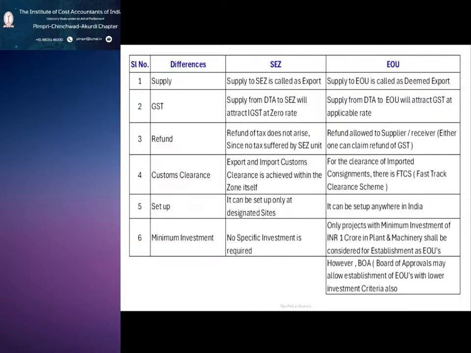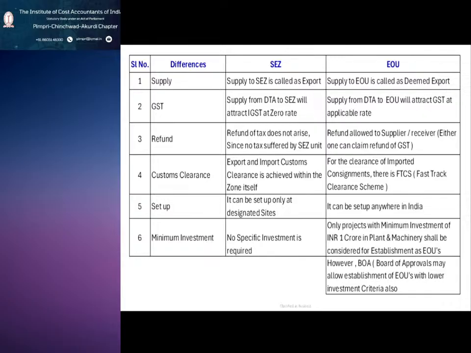So these 6 points are just for us to remember easily, the nature I have mentioned. Second one is related to GST. Supply from the domestic tariff area to SEZ will attract IGST at 0 rate. Even in GST, you might remember we studied zero rated supply in many places.